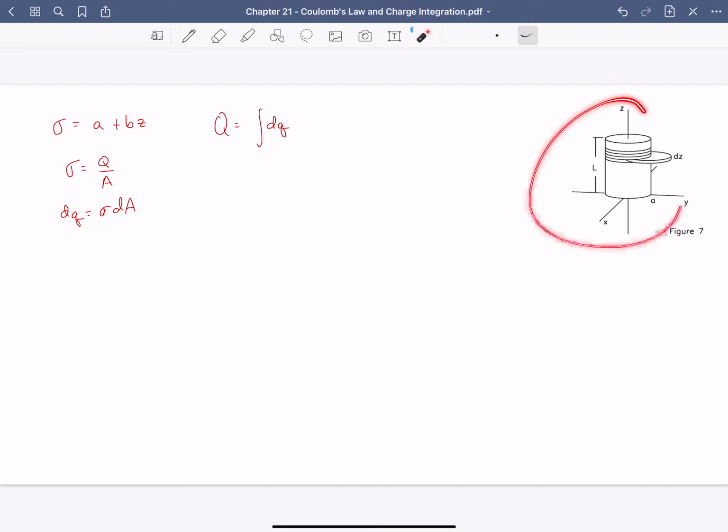As you can see over in our diagram, we're going to take advantage of the fact that it's changing in the z direction. We want to use all other directions. We want to use the radius of this cylinder. We want to use the fact that it kind of goes around, that all of that stays the same. So we're going to take advantage of that by taking a circle, basically, right, all the way around, and then we're going to find a surface area by bumping up in the direction of z.